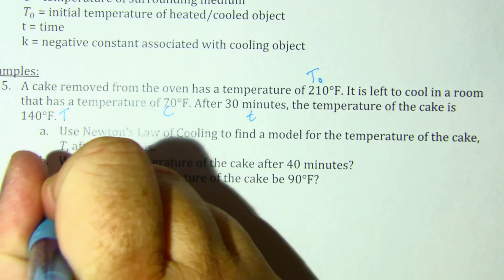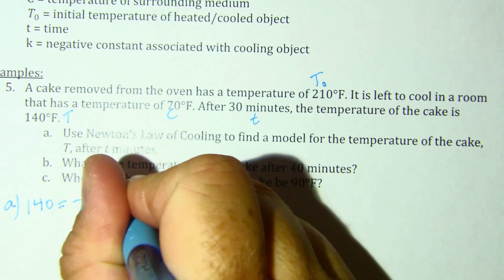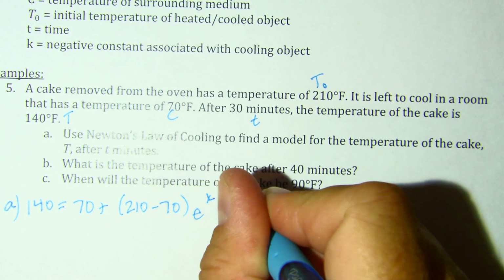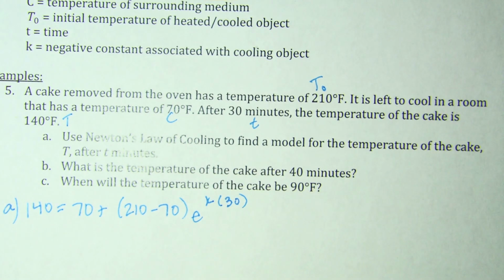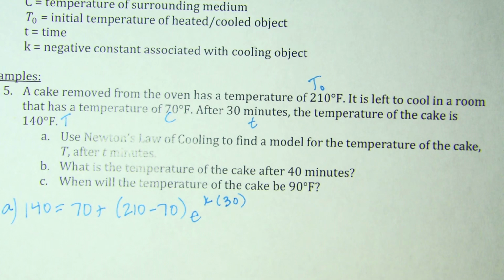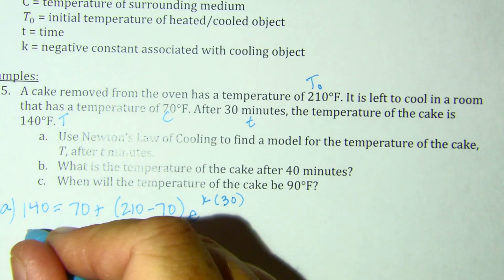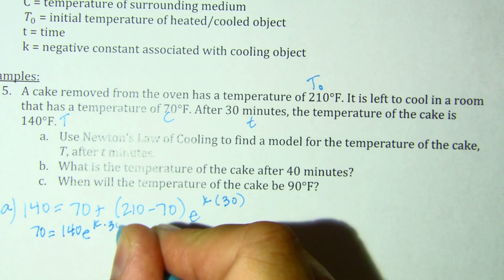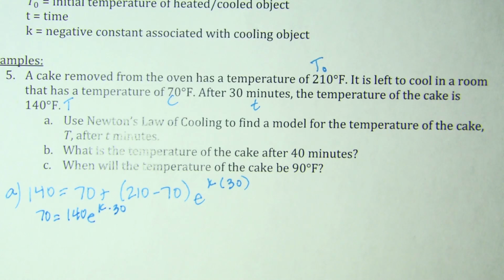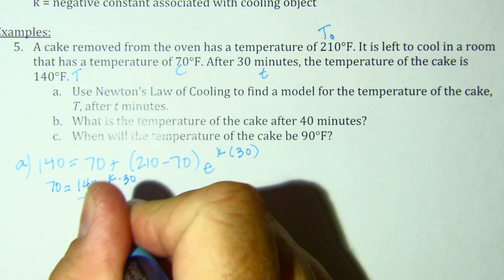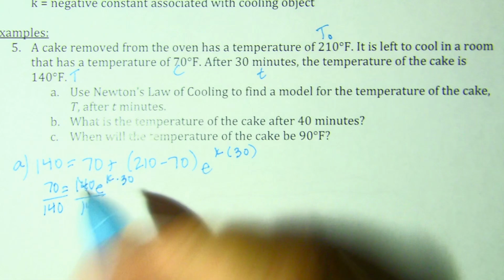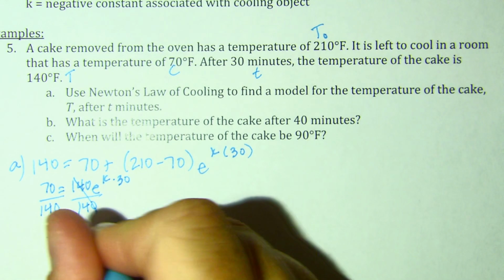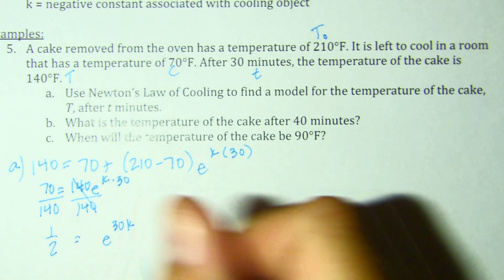So 140 equals 70 plus 210 minus 70, e to the k times 30 power. Condensing these numbers, 210 minus 70 is 140. Subtracting 70 from both sides, this becomes 70 equals 140 e to the k times 30 power. From there, we can divide both sides by 140. This is going to look a lot like the problems we started out with in this video. 70 over 140 reduces to 1/2 equals e to the 30k power.